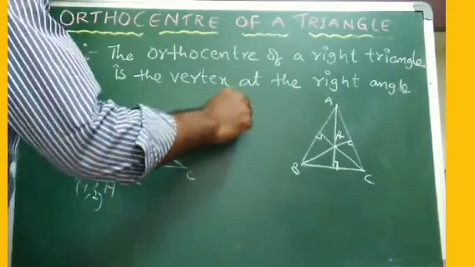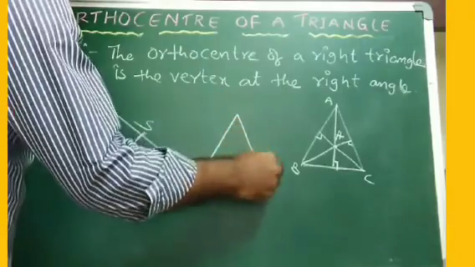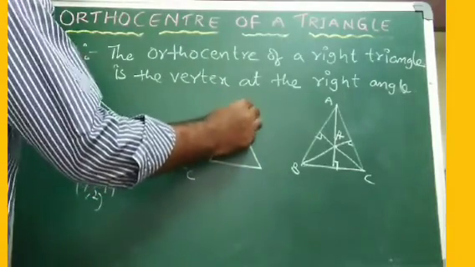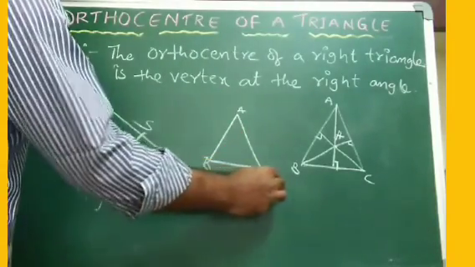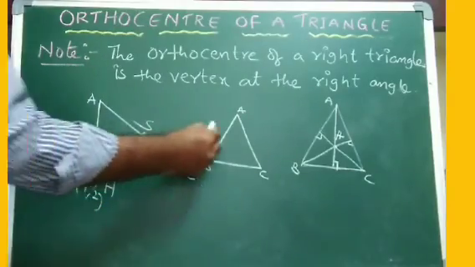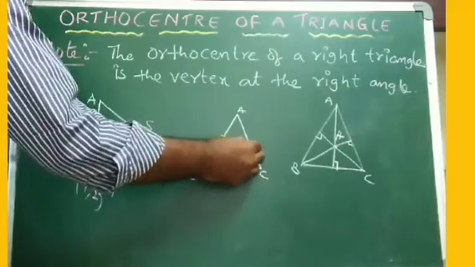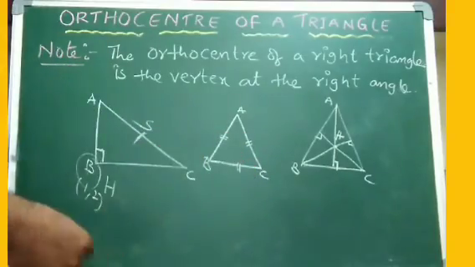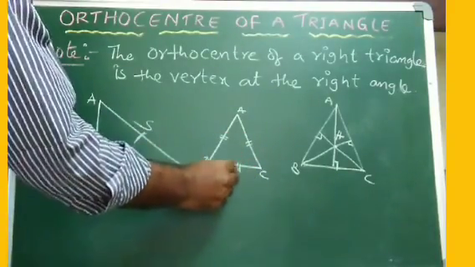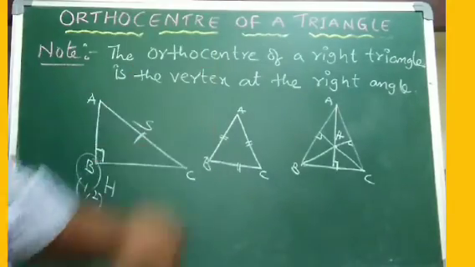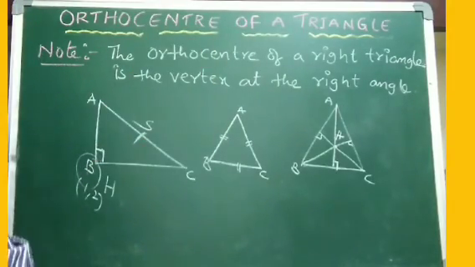And coming to one more point, if the triangle is an equilateral triangle, please listen, this is also a very important point. If all sides are equal, in case of an equilateral triangle, all centers are equal to the centroid.